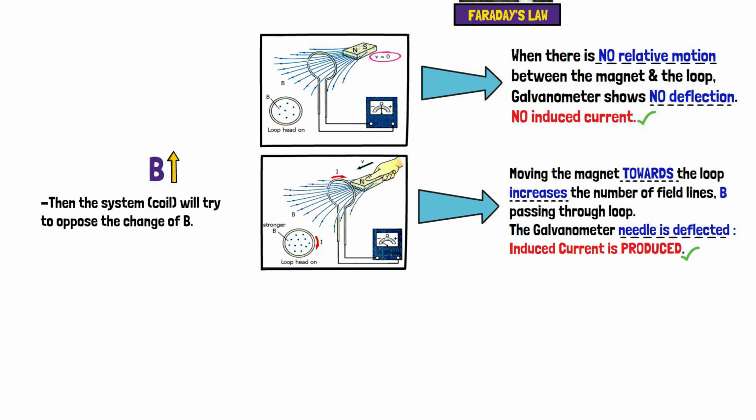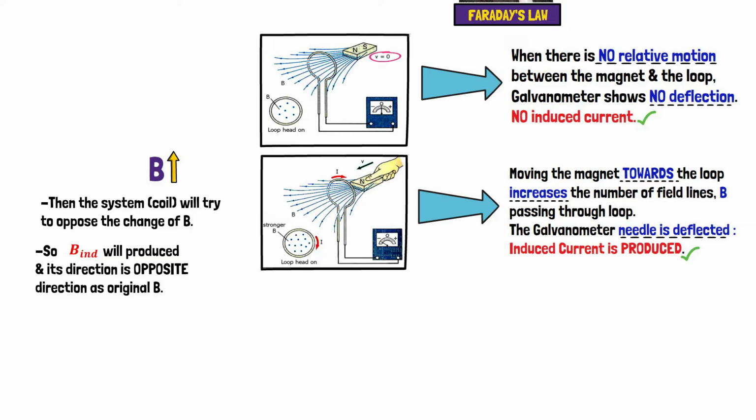So, the induced magnetic field will be produced and the direction of the induced magnetic field will be opposite to the direction of the original B. Ingat ya, bila keadaan di mana magnetic field is increasing, the induced magnetic field will be produced in the opposite direction as the original B tadi.